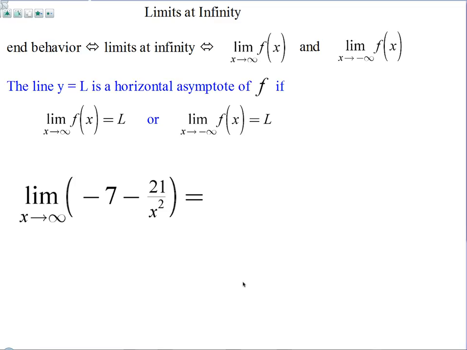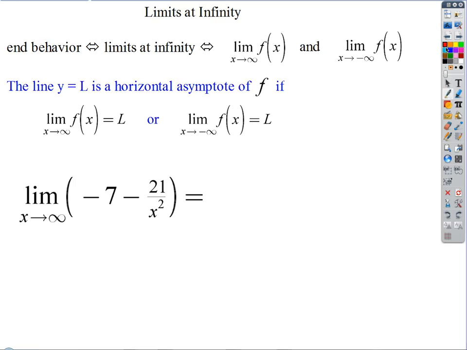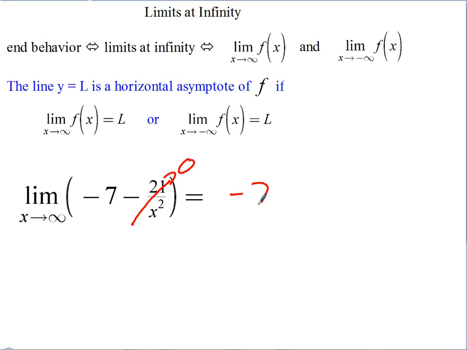Well, what's going to happen here to this second term if I let the denominator explode? What's going to happen to the size of that fraction? It's going to get smaller, isn't it? Okay, so if the bottom of a fraction approaches infinity, the fraction as a whole goes to 0, right? So in this limit, that goes to 0, and we just get negative 7, right?